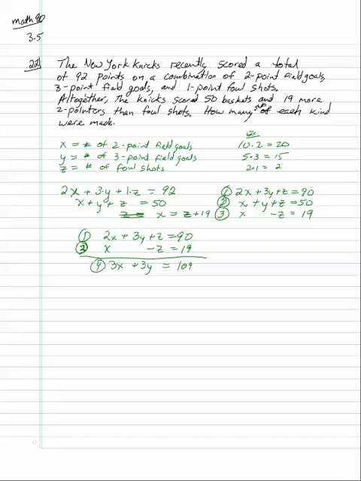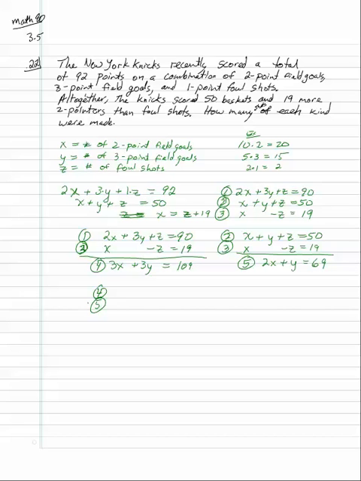That's equation 4. Then I'm going to take equation 2 and equation 3, get rid of z. That'll give me equation 5. So I got 2x plus y equals 69. Now equation 4 and 5, let's get rid of y.